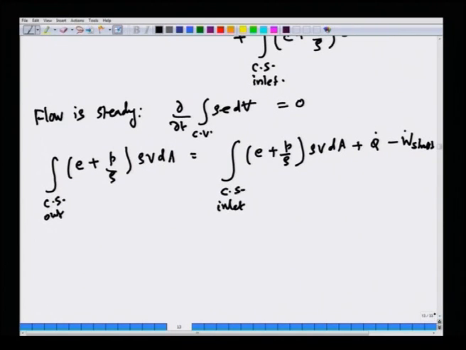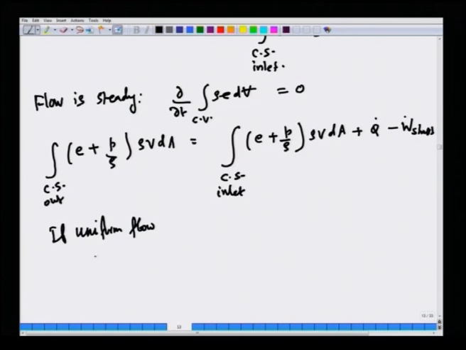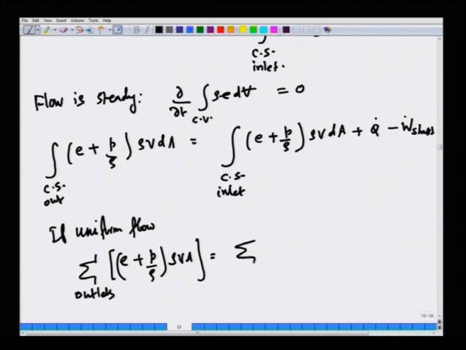Okay. If you have uniform flow at the inlet and outlet and uniform properties such as energy and so on, then I can trivially do the area integral to write the summation over all outlets of (E + P/ρ) ρVA is the summation over all inlets of (E + P/ρ) ρVA plus Q dot minus W dot shaft.